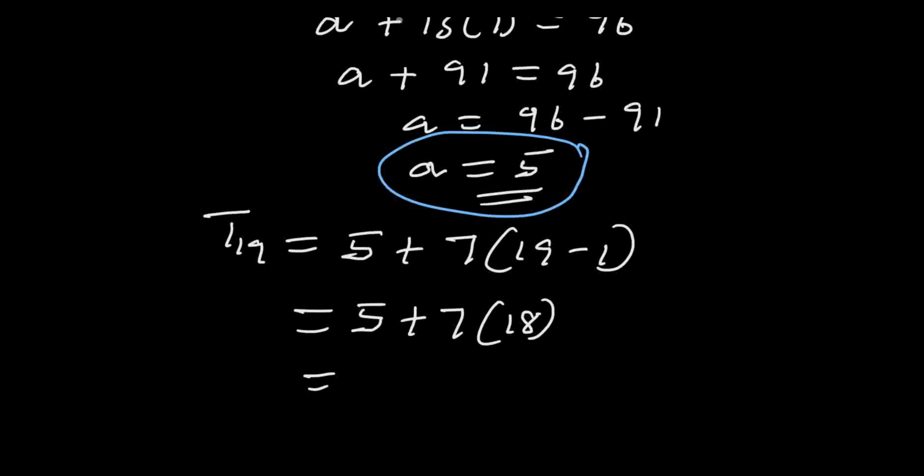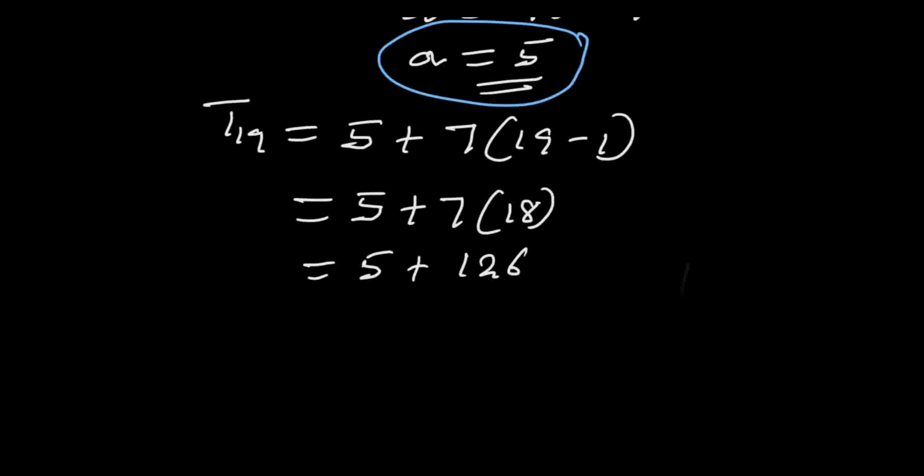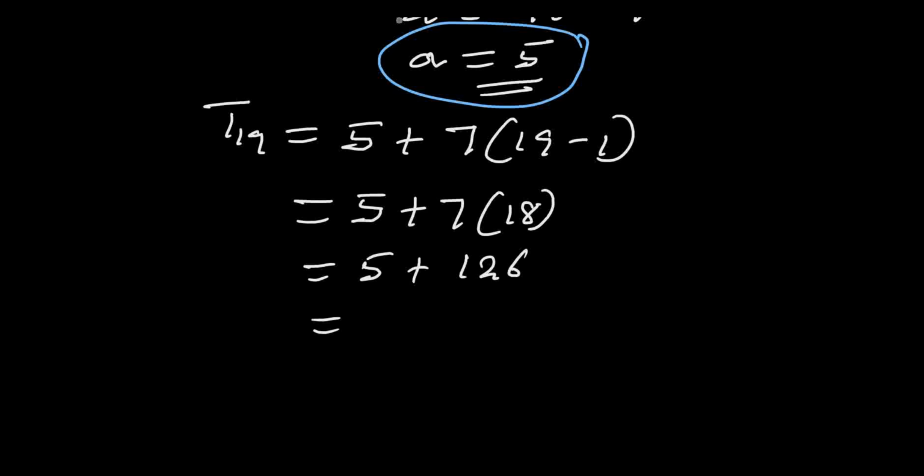So this is equal to 5 plus 126, and 5 plus 126 is 131. So the 19th term is equal to 131. This is the answer to part A of this question.